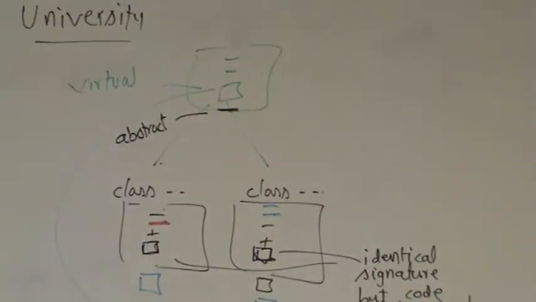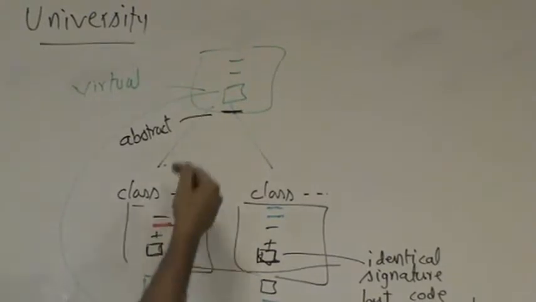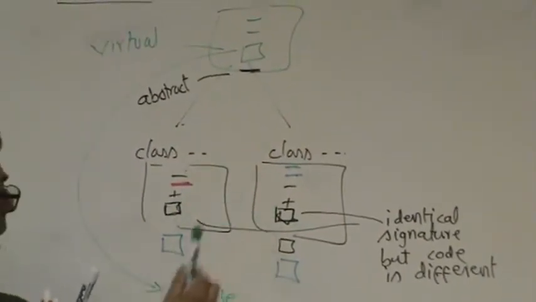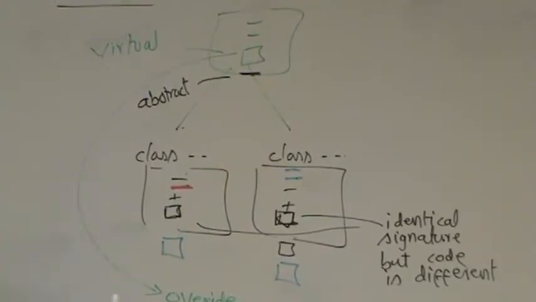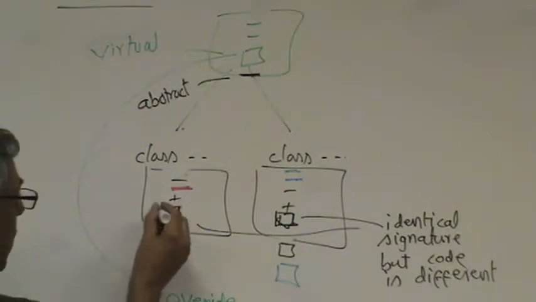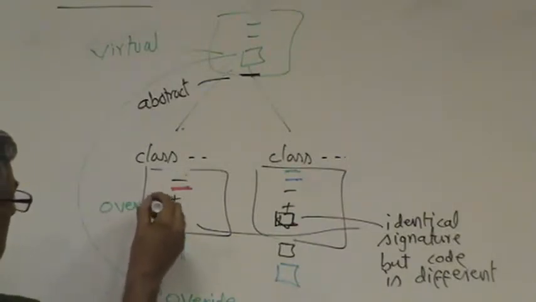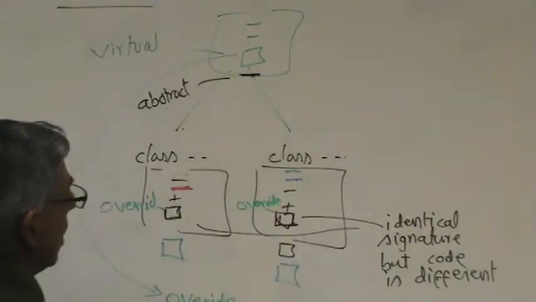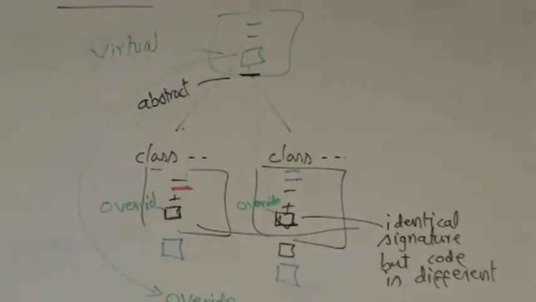Correct? And then as you inherit from here, because you're writing some real code over here, you will use the keyword override over here and override over here.